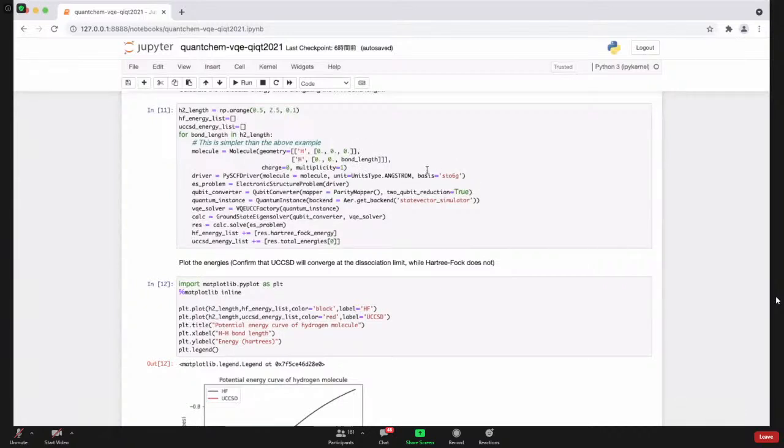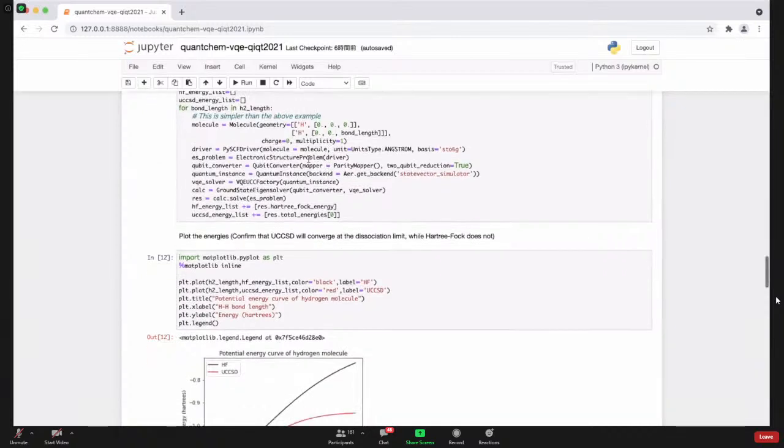And the basis, we changed it a bit, but this isn't a big deal, I just want to change the basis at once. And the remaining is similar. We use the electronic structure problem to put it into PySCF and calculate the Hartree-Fock energy and so on. And then we map the fermionic Hamiltonian into a qubitized form.